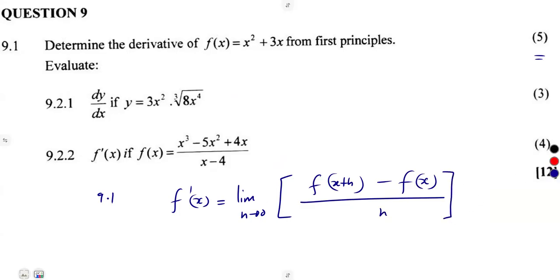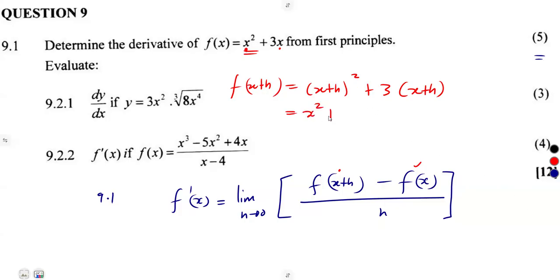Already f of x is given, so what we are going to need is f of x plus h. F of x plus h, substitute x plus h where there is x. So x squared becomes x plus h squared, plus 3 into x plus h. Remember this expansion, guys, of a squared. We've already done this. It's going to give us x squared plus 2xh plus h squared.